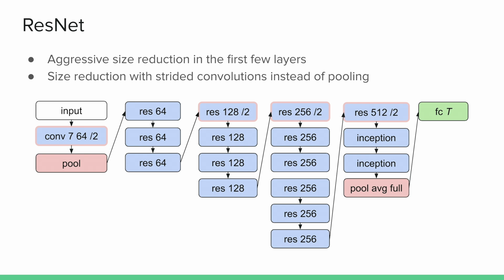This residual module with these skip connections really helps to propagate information through all of these layers. What they're doing is quite interesting here. I've told you before that you can use pooling to reduce the image size, but you can also use a convolution with strides. So what they've done here is exactly this idea. They're using strided convolutions instead of pooling. And again, global average pooling at the end.